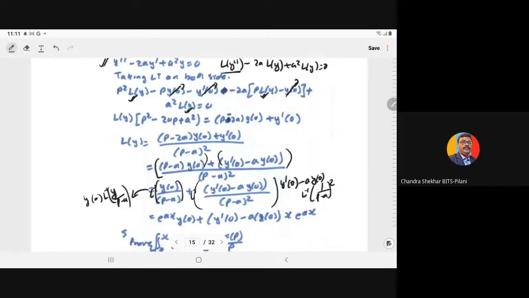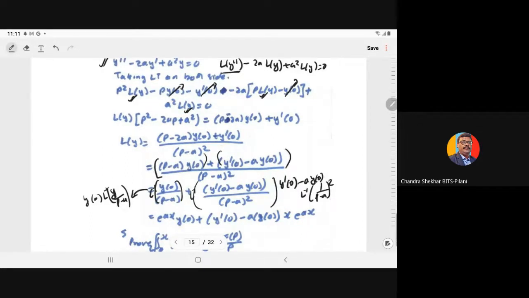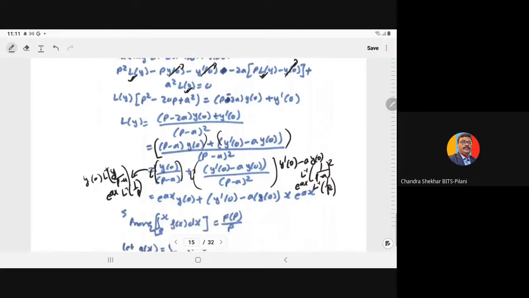And 1 upon p minus a can be written as e to power ax L inverse of 1 upon p, and L inverse of 1 upon p minus a whole square as e to power ax L inverse of 1 upon p square.